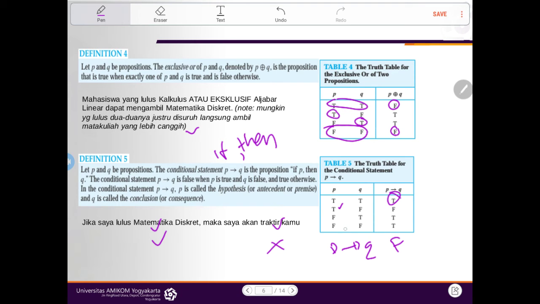But if I fail in discrete mathematics and I treat you, it's okay. If I treat you, this is my kindness. And if I fail and I don't treat you, then also true, as expected.